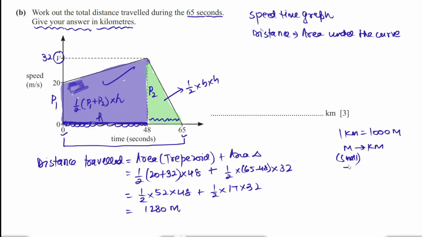If we have the smaller, then we have to divide. So we simply divide by 1000, and we got 1.28 kilometers. That is the total distance traveled by the object.